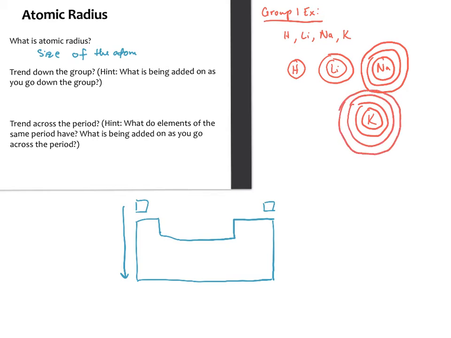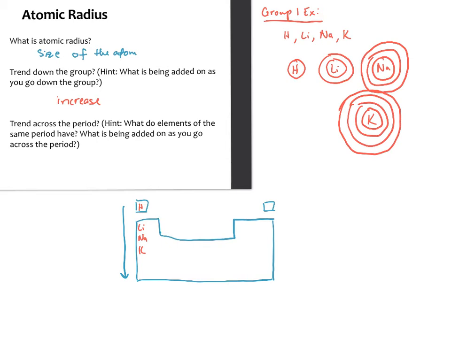As you notice, as you go down the group, going from hydrogen to lithium to sodium to potassium, you increase in size, because you're adding more and more electron shells, which increases the radius of the atom.